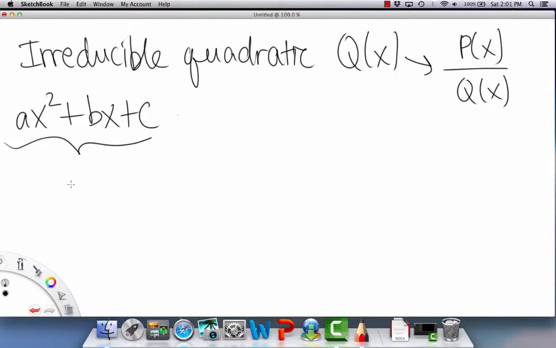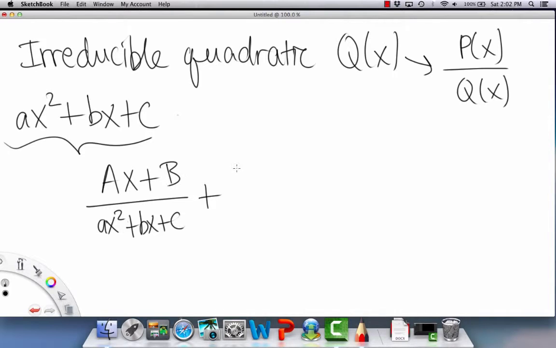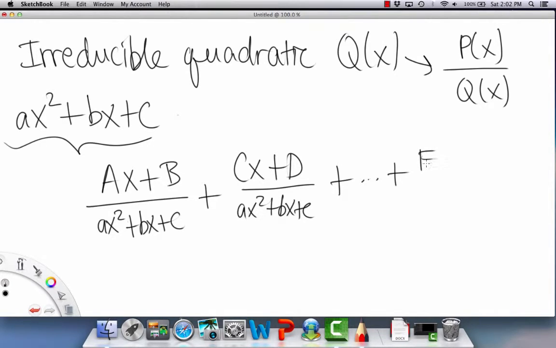When you have something like this, the form is going to be, instead of a over something plus b over something plus c over something, an ax plus b over whatever your irreducible quadratic function is, plus cx plus d over ax squared plus bx plus c, plus dot dot dot, however many you have, and then ex plus f over the same thing.